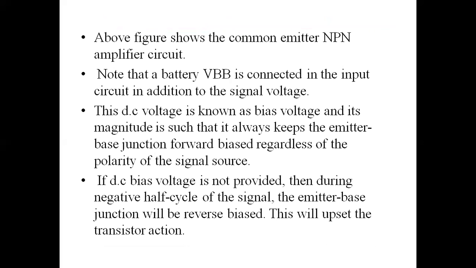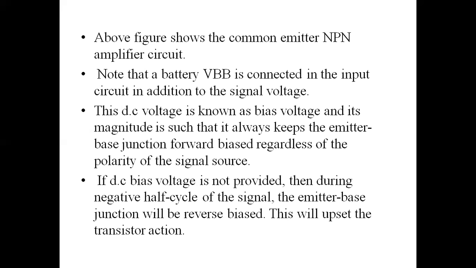So let me tell the operation. The DC voltage, the battery VBB, is connected to the input circuit in addition to the signal voltage. This DC voltage is also known as the biasing voltage, and its magnitude is such that it always keeps the emitter junction forward biased regardless of the polarity of the signal source. If the DC bias voltage is not provided, then what happens?